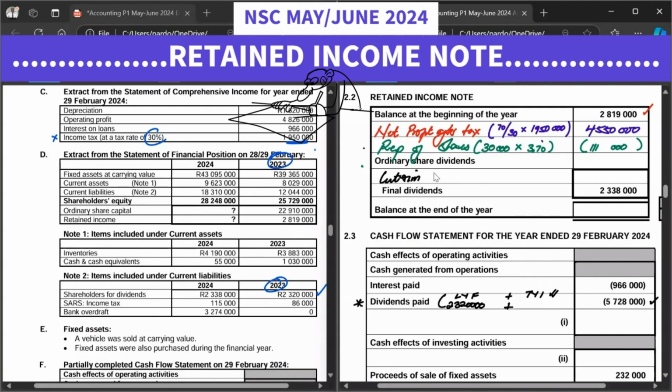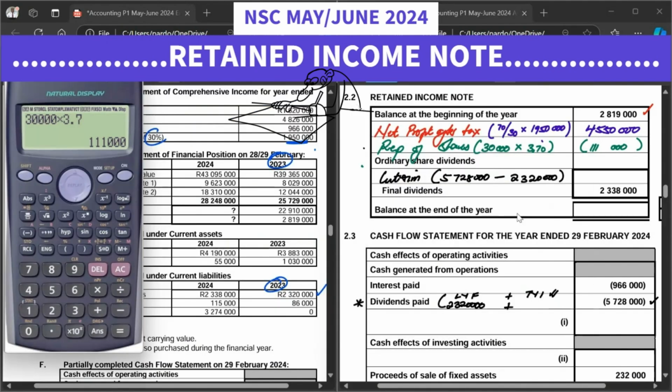So to get the interim dividends, I can bring a calculation here to say my 5,728,000, which is my dividends paid. Then I subtract last year's final dividends, which is my 2,320,000. Let's see if our adding machine is close. There you are. So we can now say my 5,728,000, then I subtract my 2,320,000, and that will now give me 3,408,000.